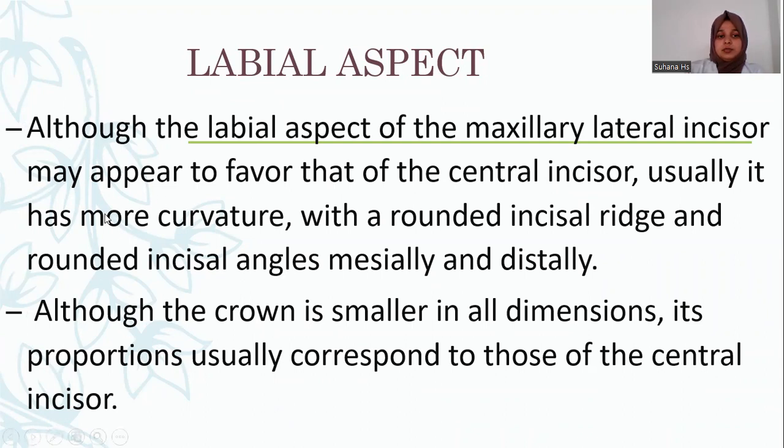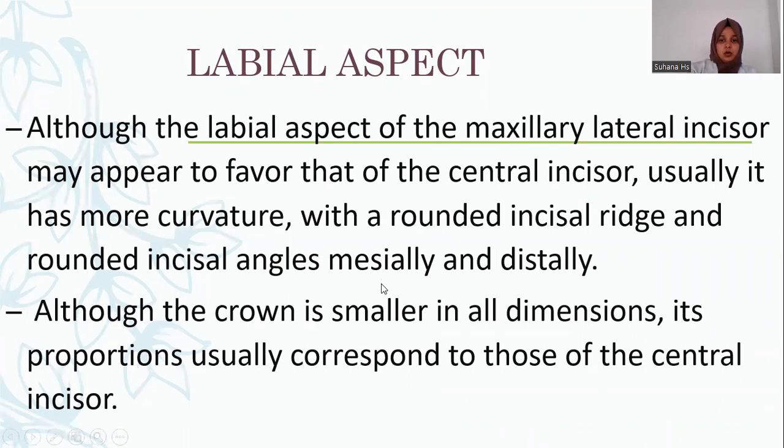Usually, it has more curvature with a rounded incisal ridge and rounded incisal angles mesially and distally. In the case of lateral incisors, it has more curvature, a rounded incisal ridge and rounded incisal angle when we compare with the central. The central has a somewhat straight outline and straight incisal ridge, but in the case of the lateral, it is more rounded.